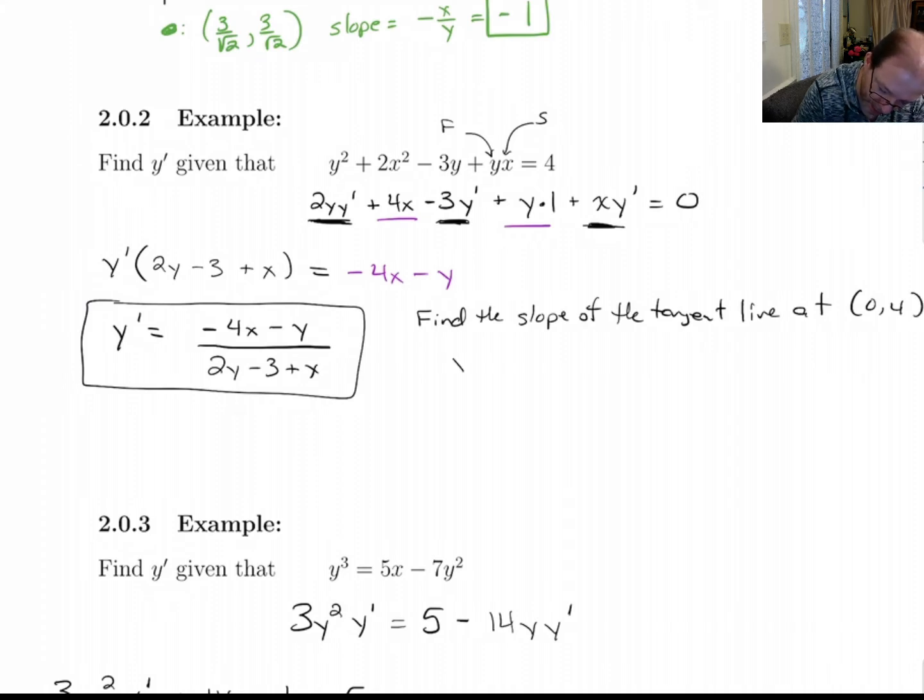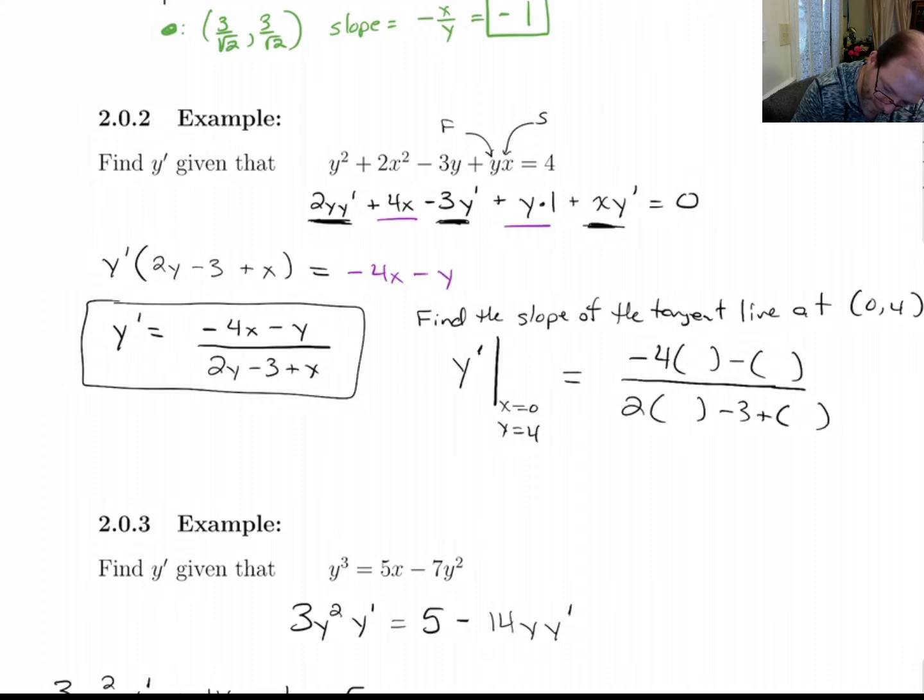All right, well in that case, y prime, I'm going to use this notation, at the point x equals 0, y equals 4, is equal to... All right, I'm going to put 0 in for x, so it's going to be here and here.